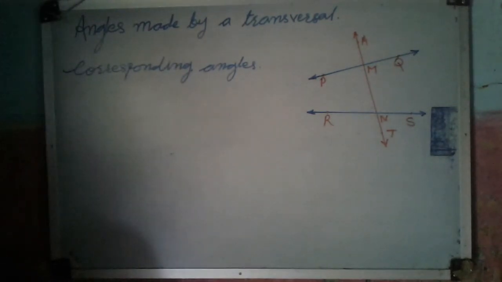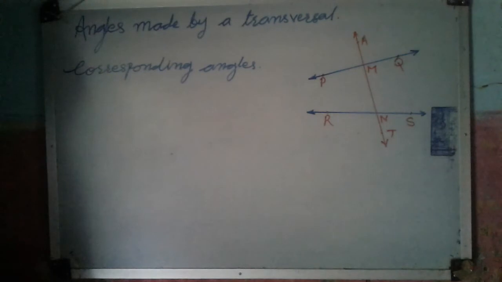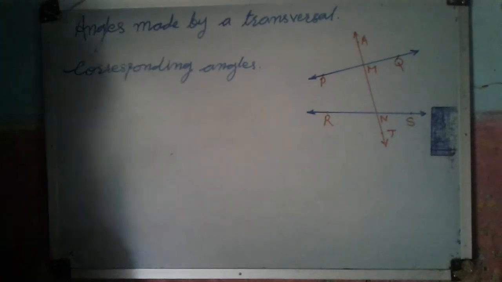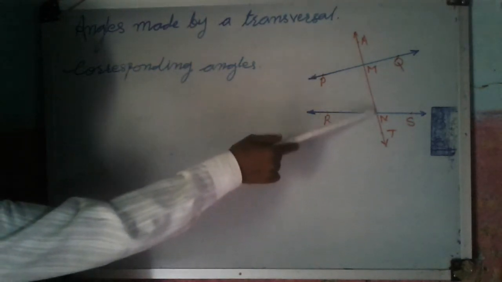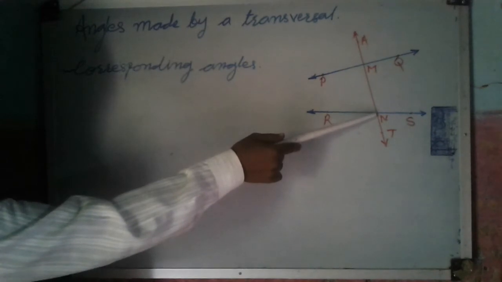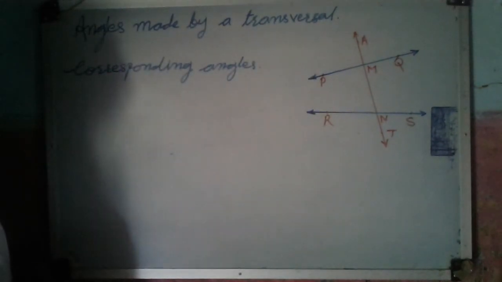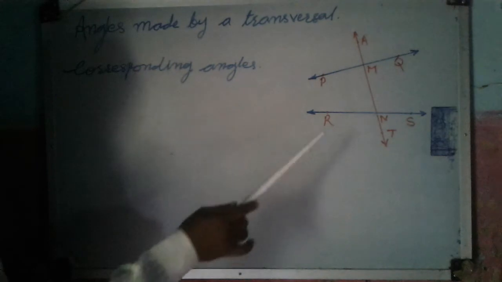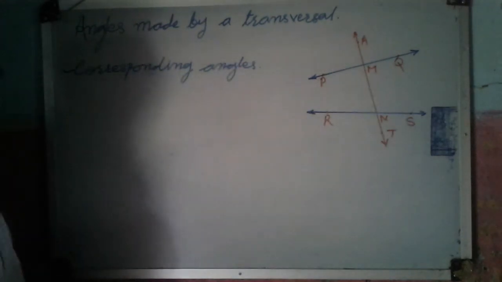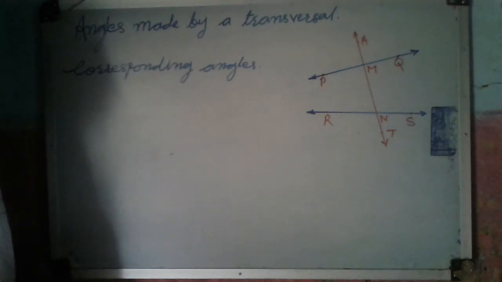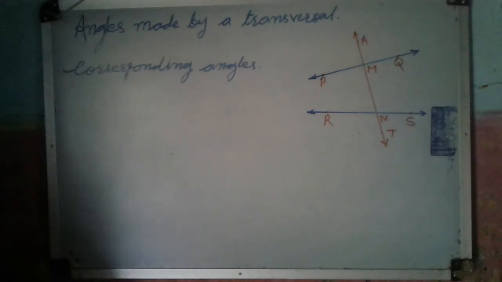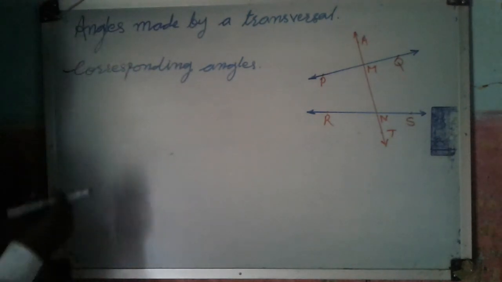Now we will find such pairs of angles. That means the arms which are on the transversal are in the same direction, and the other arms are on the same side of the transversal. We will choose such pairs of angles. For example, I will write here one pair.